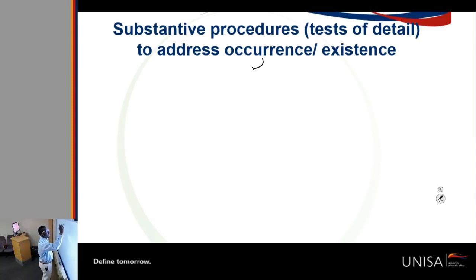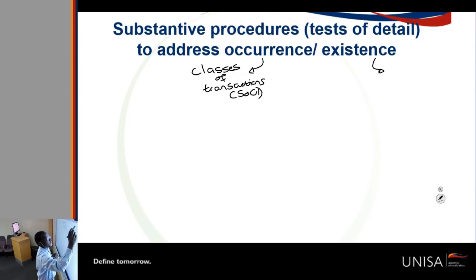Like we said, occurrence relates to classes of transactions, which is the statement of comprehensive income, while existence relates to account balances, which is your statement of financial position.